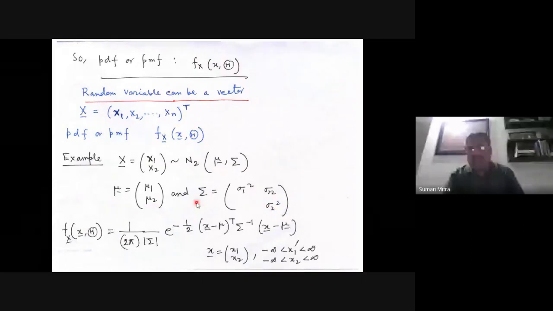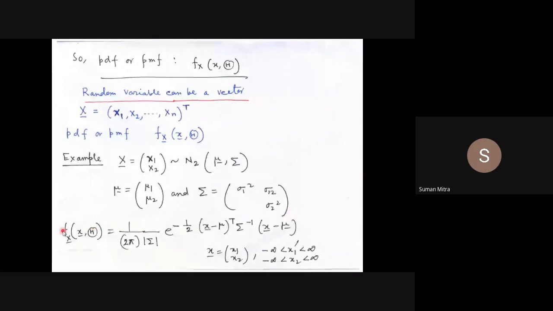So we can find out the PDF as f_X(x; theta) is 1 by 2 pi to the power n by 2, n equal to 2, so 1 by 2 pi, determinant of sigma to the power half, e to the power minus half, (x minus mu) transpose, sigma inverse, (x minus mu), right? Again, x1 is from minus infinity to infinity any value, and x2 is any value from minus infinity to infinity.